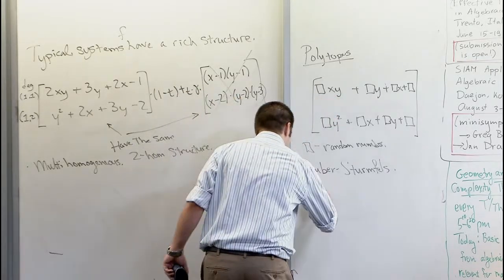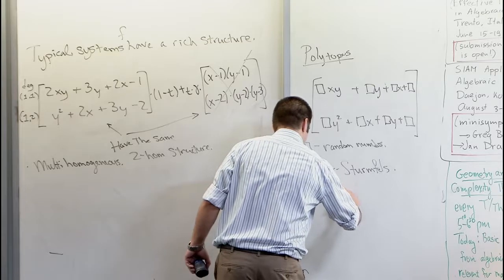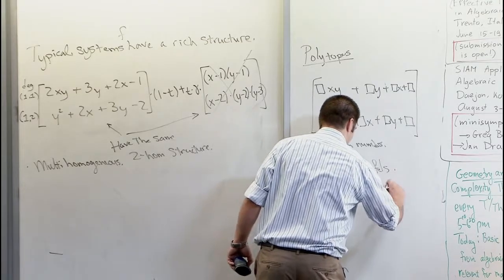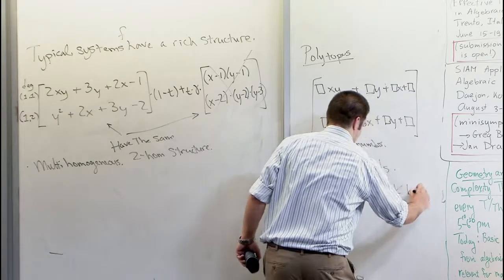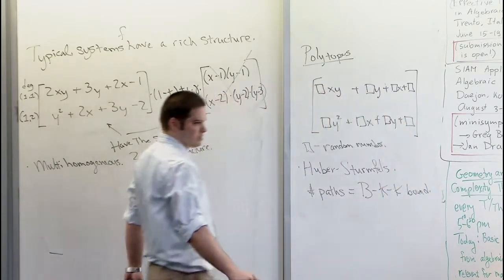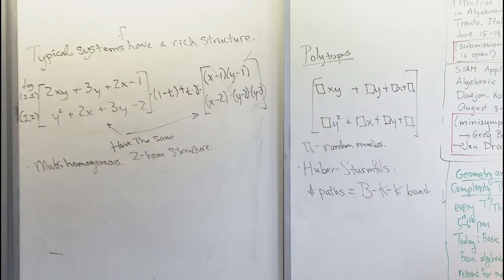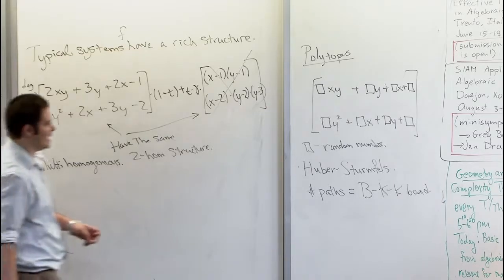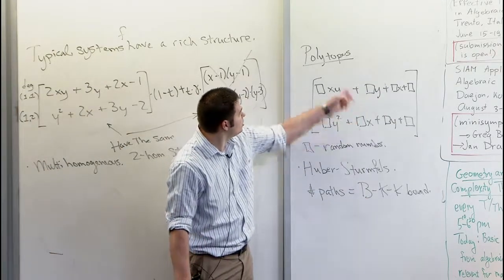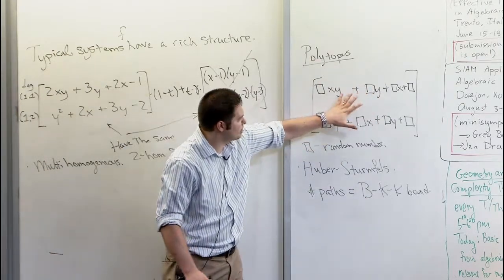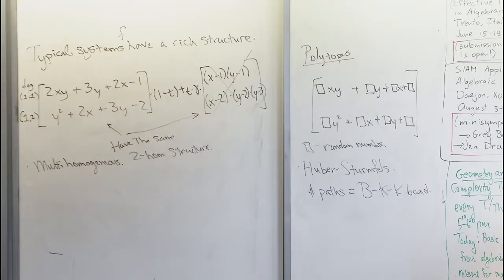So the number of paths is equal to the BKK bound for your system, the mixed volume of the corresponding Newton polytope. So you can use the combinatorics to compute this bound, and then use the polyhedral nature of this to compute the solutions, and then deform from there.